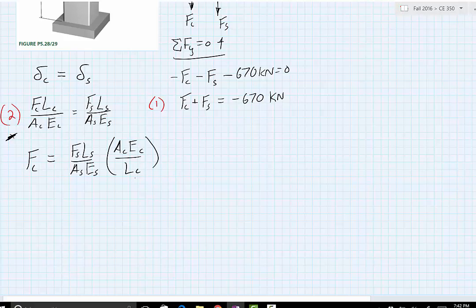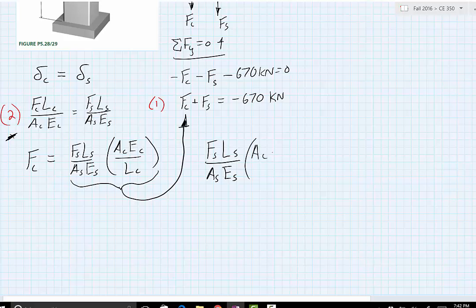Okay, so now we did some manipulation. I can take this portion, because this portion is F sub C, and plug it in right here. So now I've got F sub S L sub S over A sub S E sub S multiplied by A sub C E sub C over L sub C, plus F sub S equals negative 670 kilonewtons.